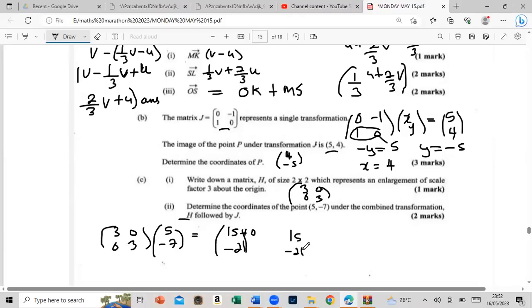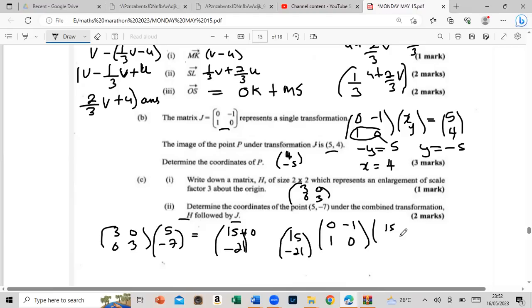But now it's supposed to undergo H and then followed by J. So I could put J up front. Easier way there: 0, negative 1, 1, 0. We're just going to multiply this 2 by 2 matrix by this column.